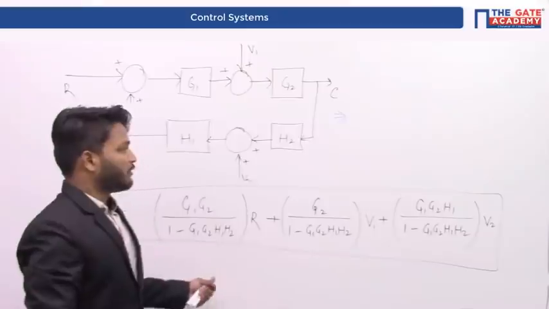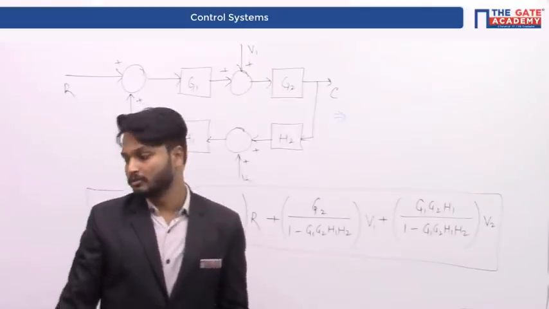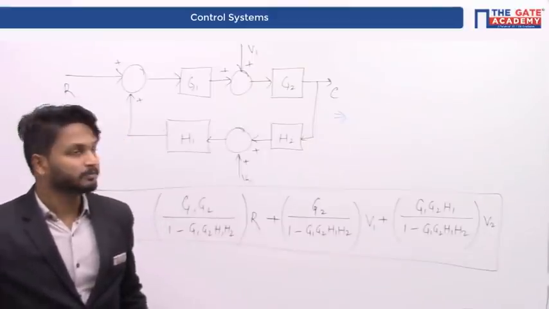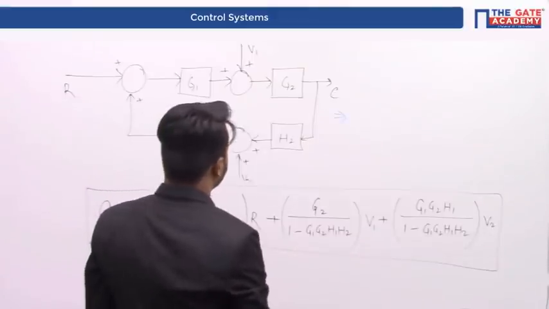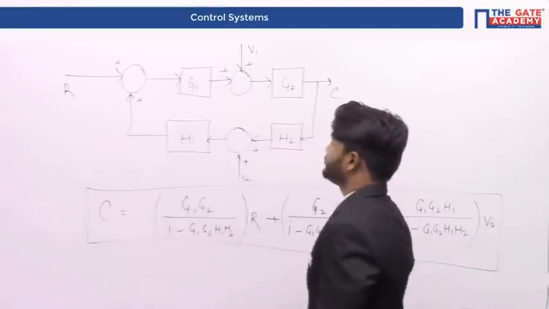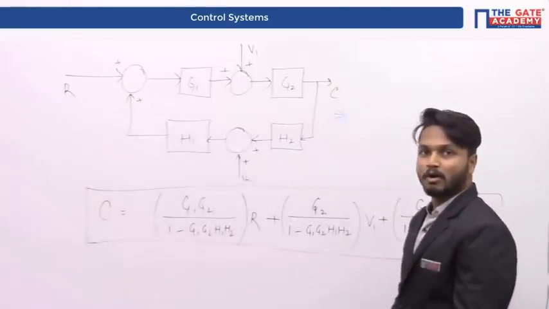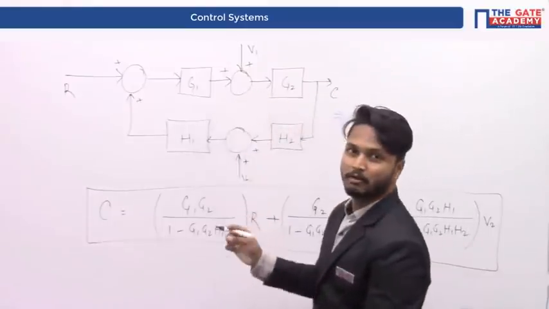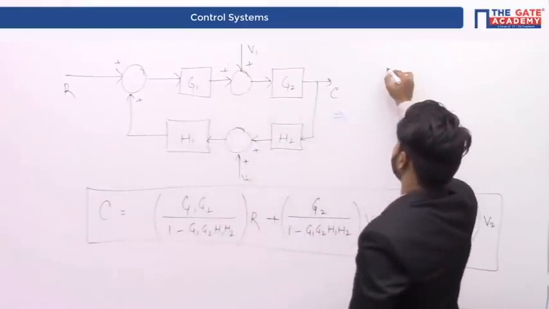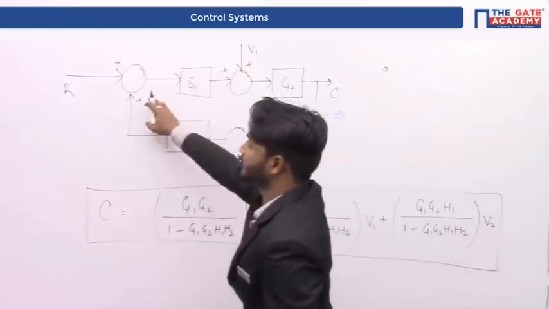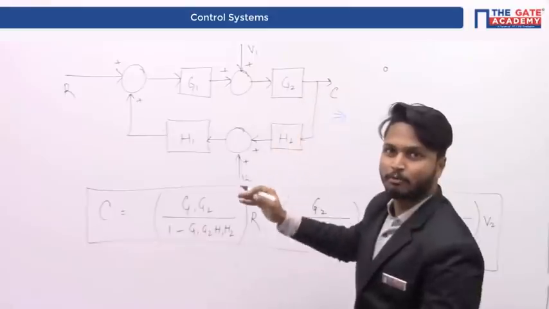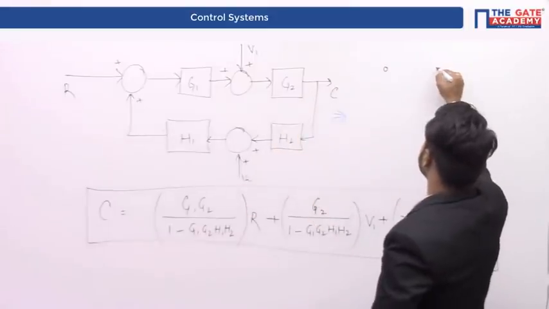Now we have to calculate using signal flow graph also. So let us obtain the signal flow graph for the given system. I'm just replacing each and every block with a signal flow graph branch, and each and every summing point and takeoff point with a node. Just represent this particular summing point with a node, this particular summing point with a node, as well as this particular takeoff point with a node, like this.